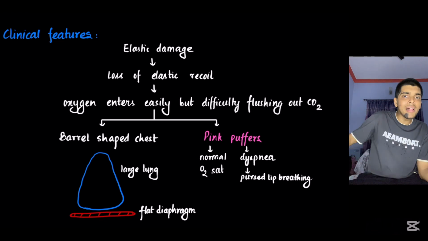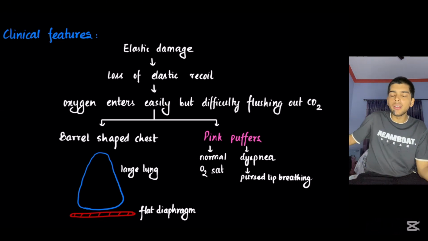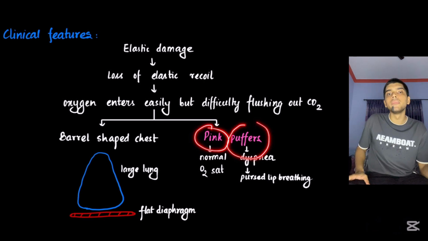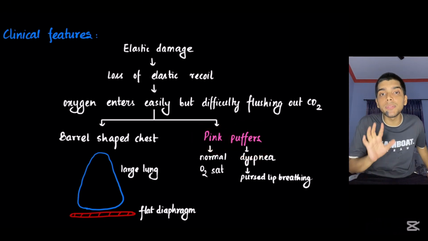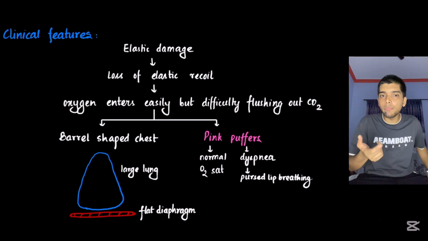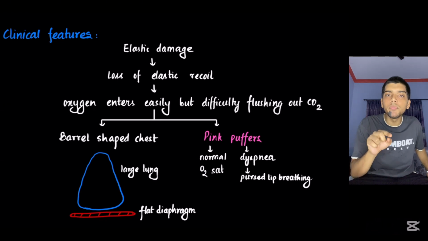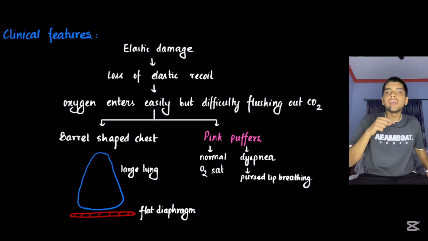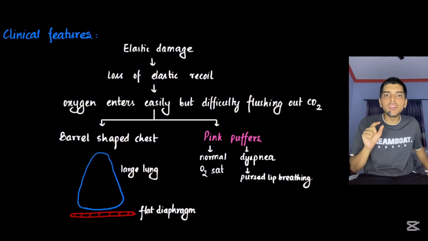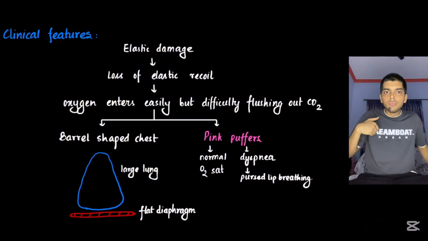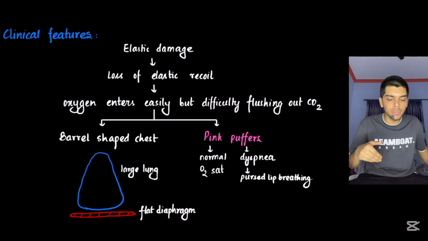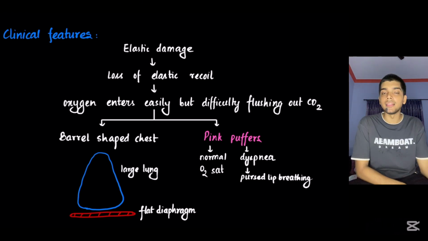The blood is well saturated with oxygen. So pink. Puffer, why? Again, the person is having dyspnea, unable to breathe properly, unable to flush out carbon dioxide. So as compensation, he or she starts pursed lip breathing. That is inhalation with closed lips and exhalation with pursing of the lips, like this. This is pursed lip breathing. And that's it for emphysema.